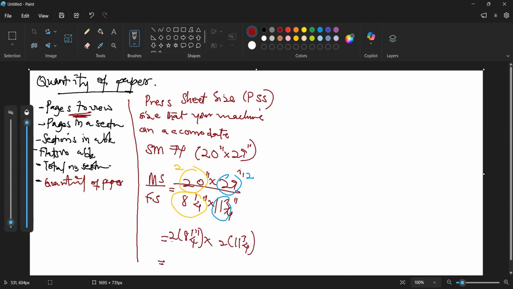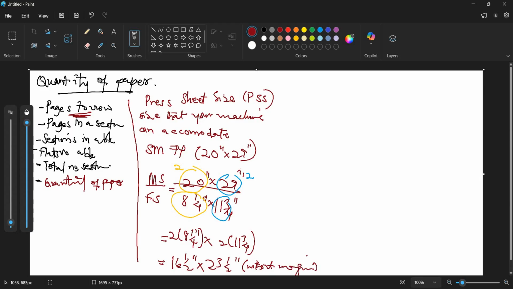Then we have, so 8 to 16, 2 times half, quarter gives me half, so 16½ by 20, so this one will give me 23½. So this will be my PSS without margins.